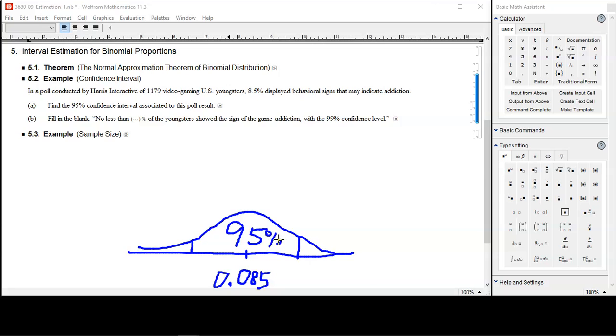So the other 5% must be shared by the left and the right. So this part here is 2.5%, and this part here is another 2.5%. Really lousy picture. Let's remove it and let me show you the end result.